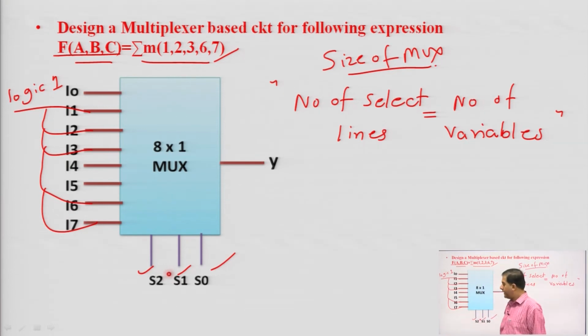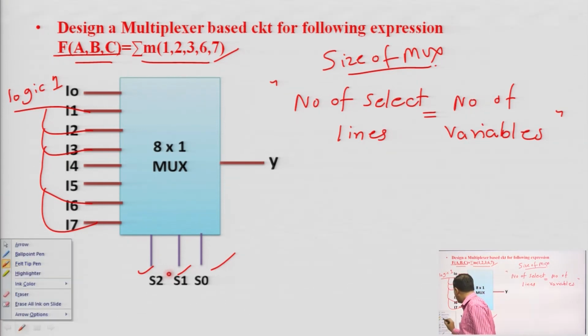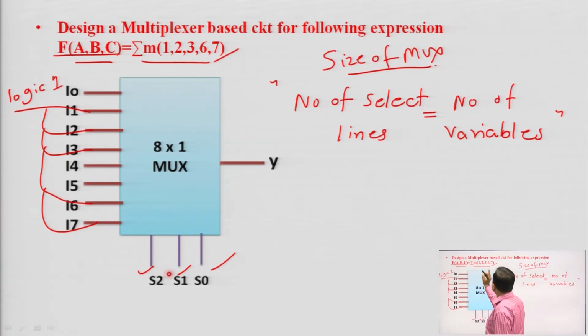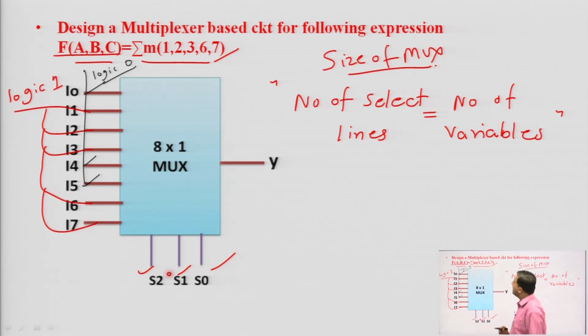And those which are not present there, like 0, 4, 5, will be connected to logic 0, or ground, you can say. So, this is the design implementation of the multiplexer for F(A, B, C) = summation m(1, 2, 3, 6, 7).